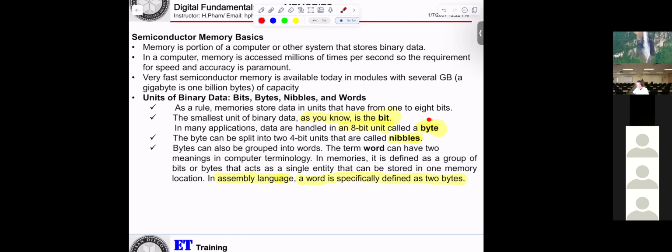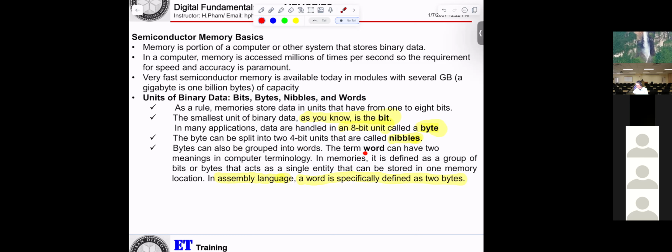That's what we call a byte. Make sure you know when we're talking about 1 byte, that means 8 bits. The byte can be split into two 4-bit groups. That's what they call a nibble. Nibble, only 4 bits.